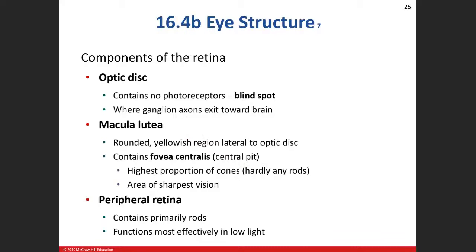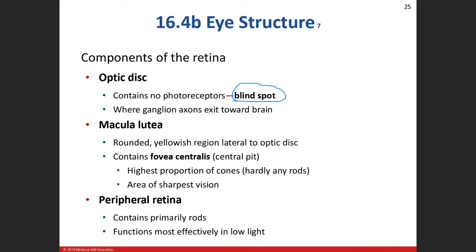All right, a couple more things, and then we'll get into labeling here. The optic disc, otherwise known as the blind spot, because there are no photoreceptors there. There's no point of having photoreceptors in that area if that's where all these blood vessels are exiting and entering the actual eye, and also where the axons from the ganglion cells are exiting from the eye itself, okay?